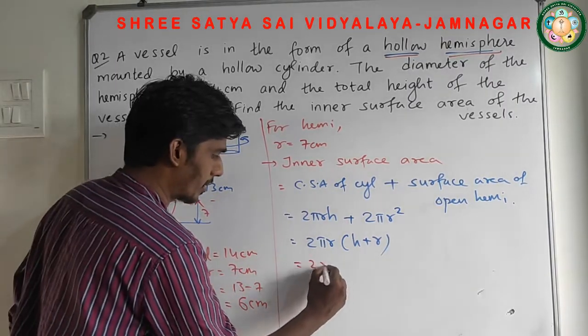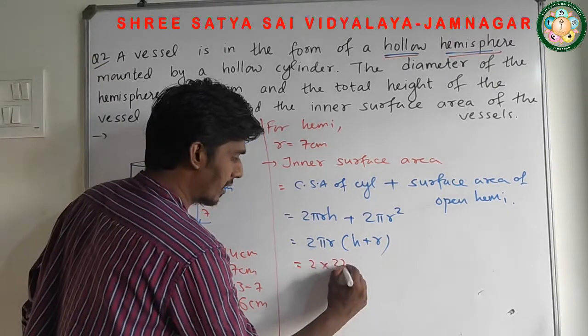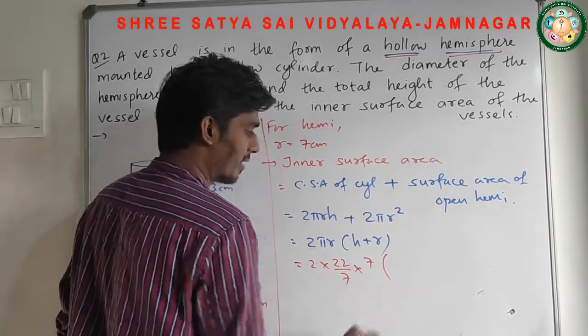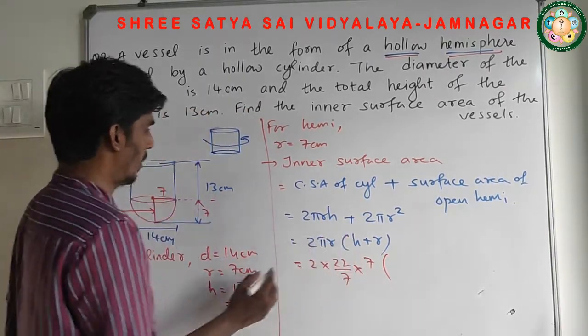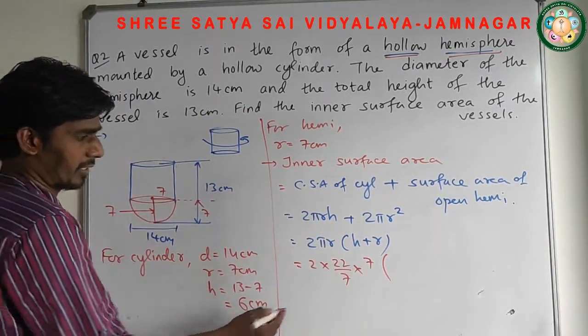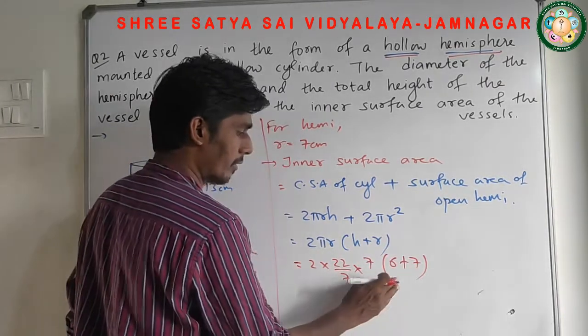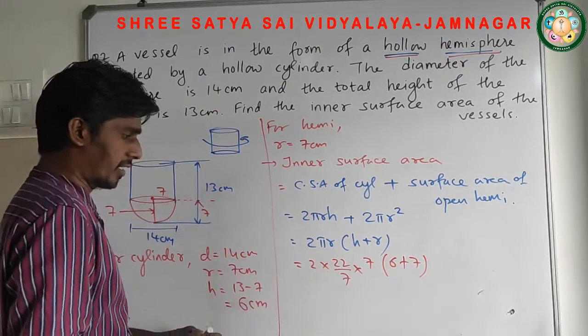So 2 as it is, pi is what? Nothing is given, means 22 by 7. Radius is what? 7. Inside the bracket, h. Height is what? 6. Plus radius is how much? 7. Now calculate this to get the answer.